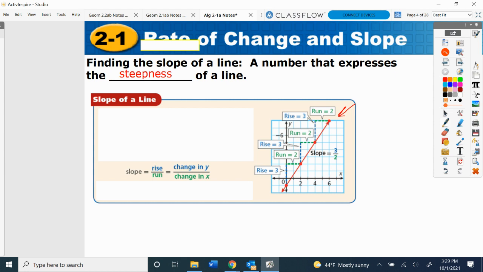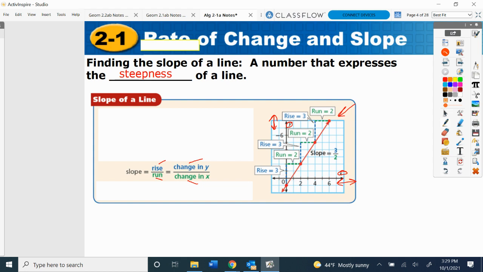Okay, and every single graph is made up of x values that go left to right. Okay, and then you got your y values that go up and down. Okay, so our slope is our rise over our run. Okay, and what that means, that's just the change in our y values over the change in our x values.